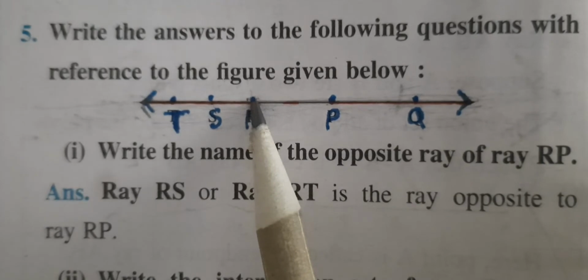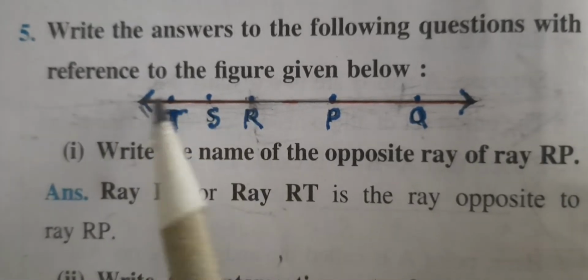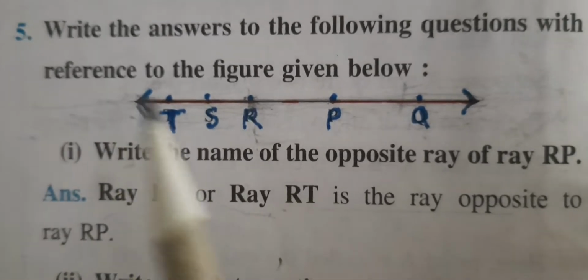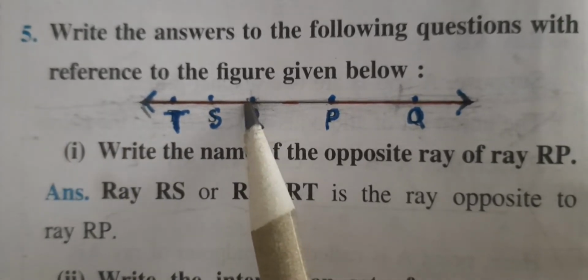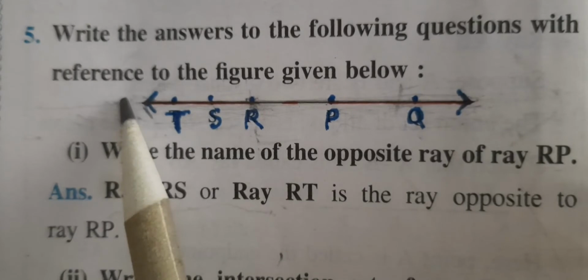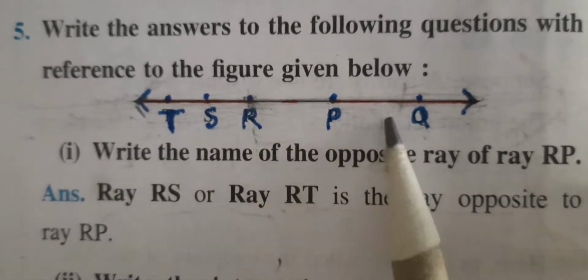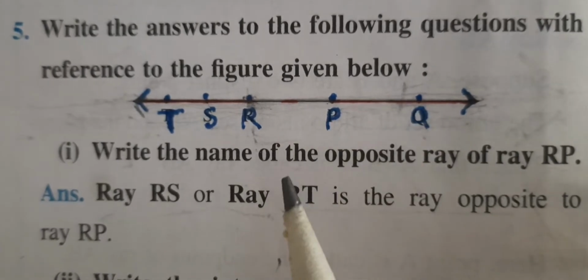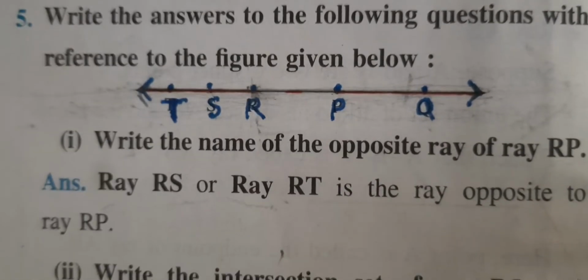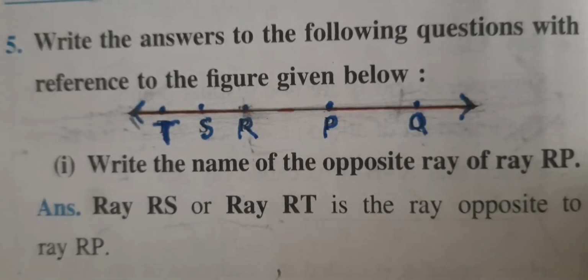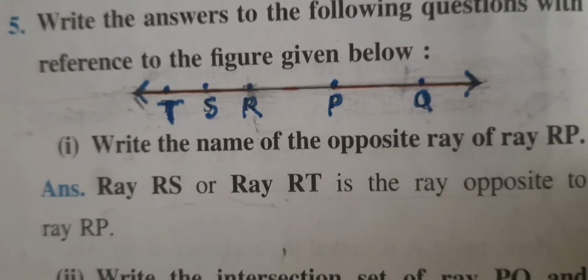The ray which is going in the opposite direction will be named as ray RS or ray RT. So these two rays, ray RS and RT, are one and the same ray. These will be the opposite rays of ray RP or ray RQ. Now they have asked in the first question, write the name of the opposite ray of RP.